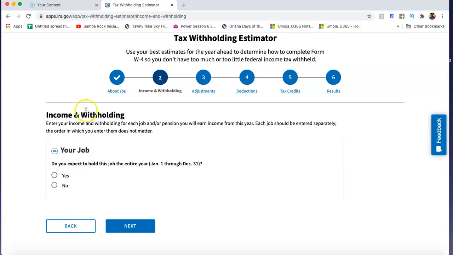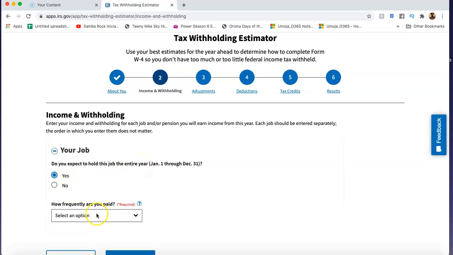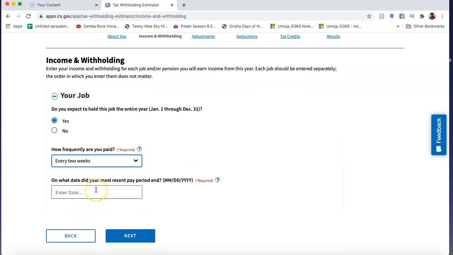Now withholding and income. Do you expect to hold this job the entire year? She's going to put yes. How frequently are you paid? Every 2 weeks, bi-weekly. On what date did your most recent pay period end? Today's July 25th, but we're going to do this example as if she started from the very beginning of the year, to get an accurate account.